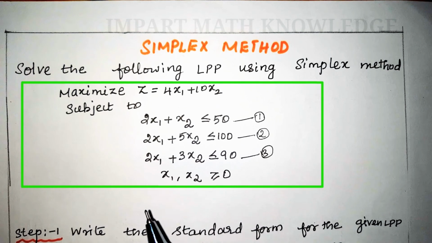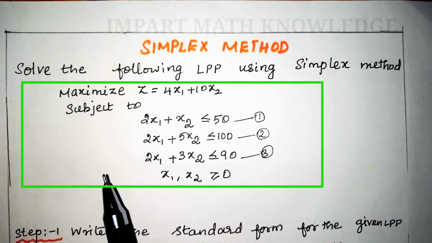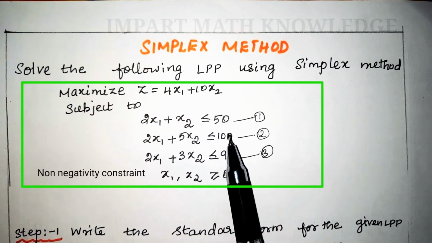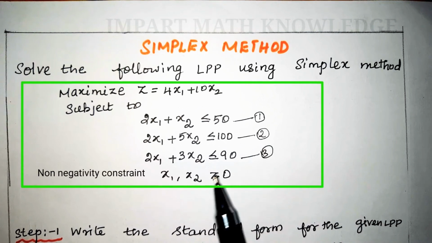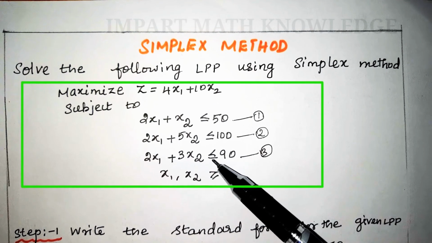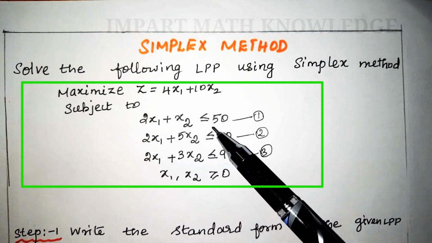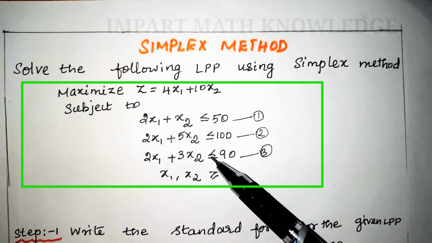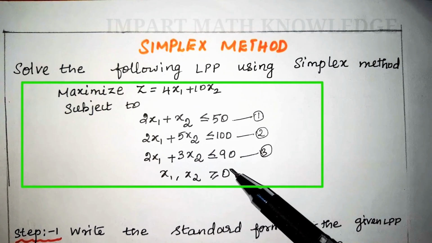First step, we have to convert the given problem into standard form. That is, objective function should be maximum, constraints are equal form, and the right hand side values are non-negative. Here all the inequalities are less than or equal to type, so you have to add the slack variables S1 in the first condition, S2 in the second condition, and S3 in the third condition.